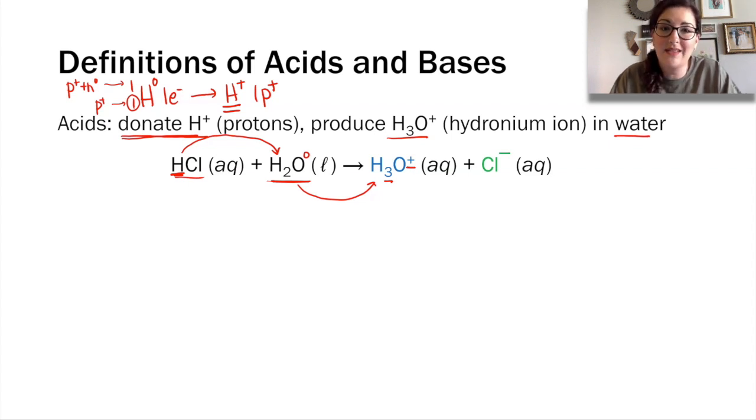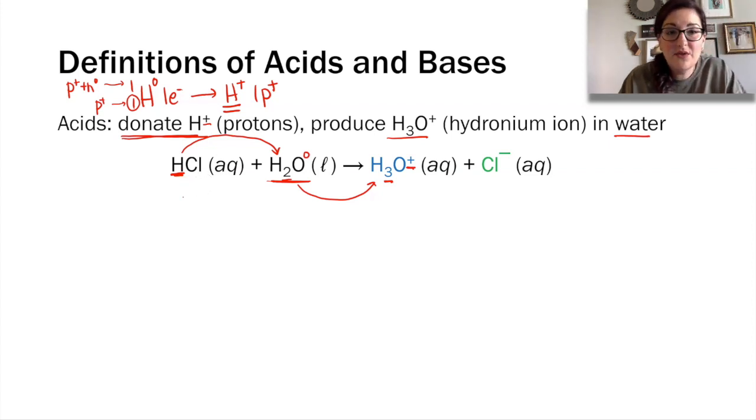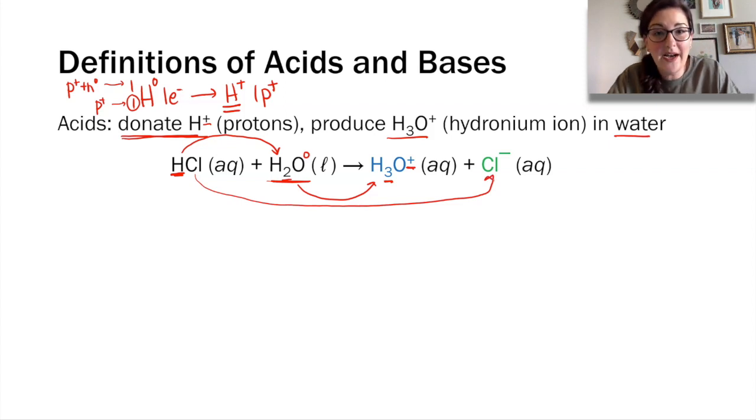Because remember, it's gaining a hydrogen atom, so it goes from H2 to H3, and it's gaining a charge, so it goes from a neutral molecule to a positively charged ion. Okay, so charges definitely matter here. So water becomes the hydronium ion. Now, when HCl gives away its H+, when it loses its H+, HCl just becomes the chloride ion.